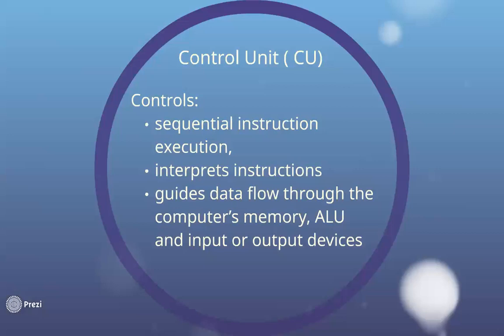So your CPU consists of ALU and CU. ALU takes care of your arithmetic and logical operations. CU, that is the control unit, takes care of other things like data flow, sequential instructions, and interpreting the instructions given.